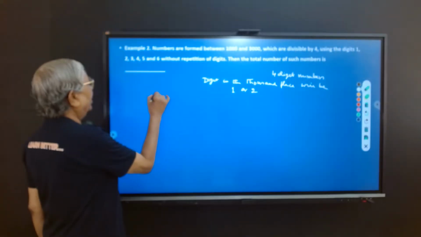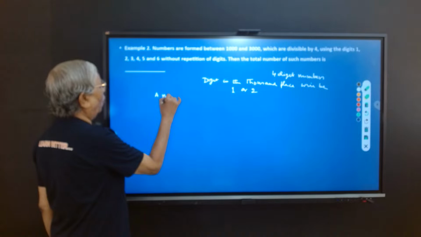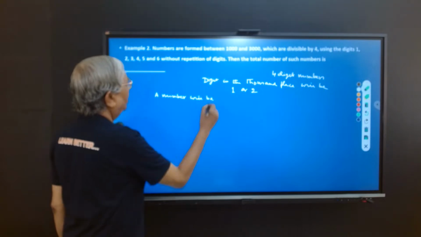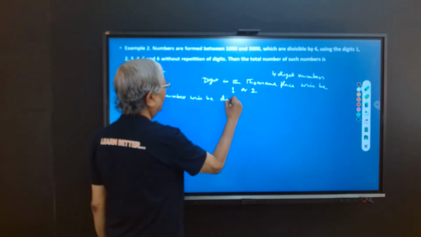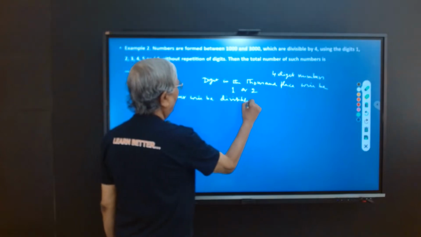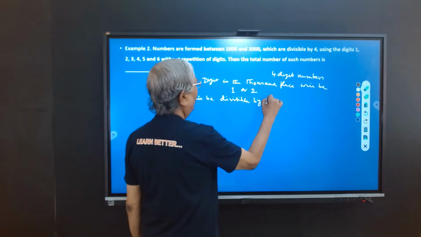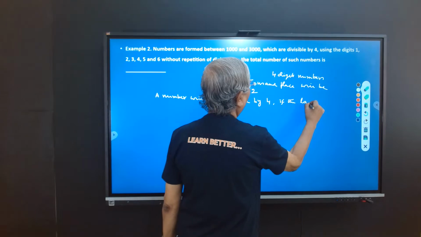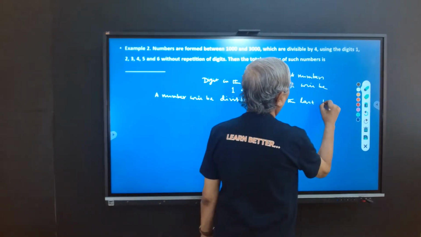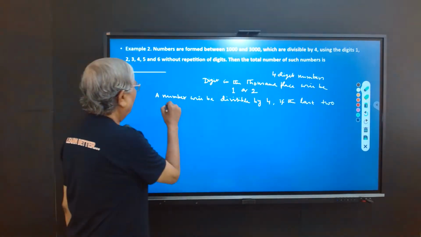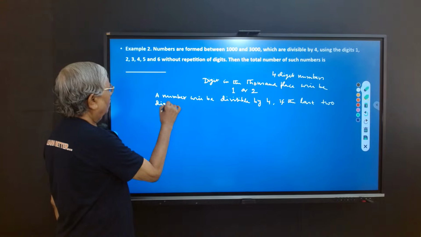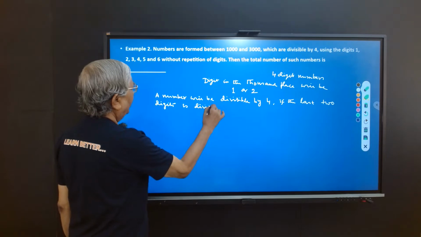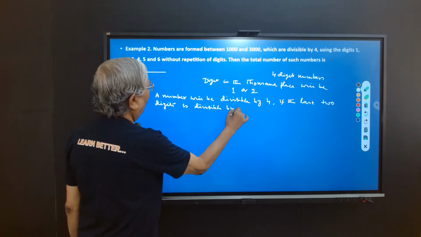A number will be divisible by 4 if the last 2 digits are divisible by 4.